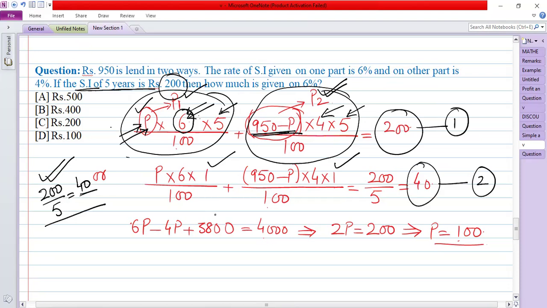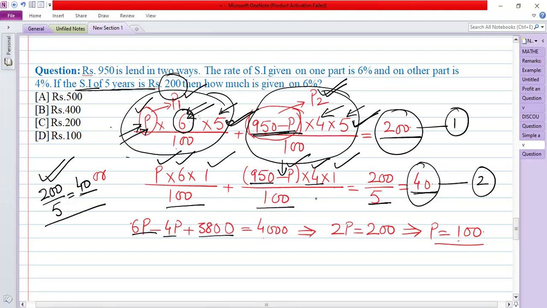So one may directly go by this. Or if someone observes that this 5 can be taken common on the left hand side, then when it goes to the other side, it will be in the denominator, and again it will give me 40 rupees. Whichever approach one follows, the meaning is the same. Now here it is 6P, and here it is minus 4P, then 950 into 4 is 3,800.